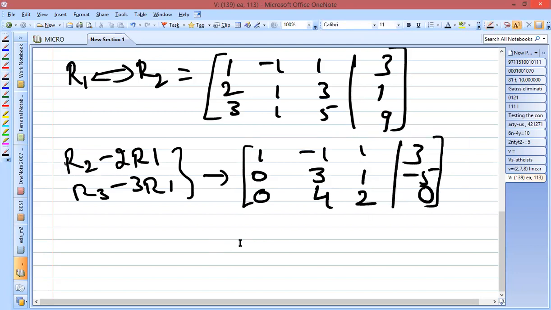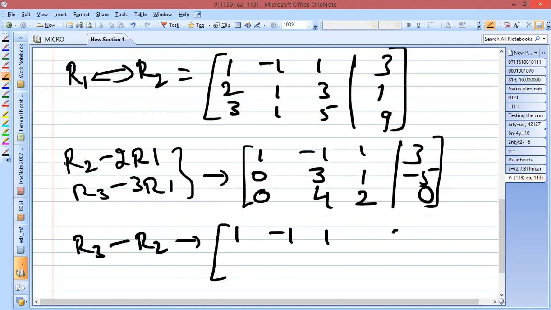Once again, we'll try to make the third row element 0. For that, you can perform R3 minus R2. Let's see what we get. R3 minus R2 results in 1, -1, 1, 3, 0, 3, 1, -5, and the third row becomes 0.